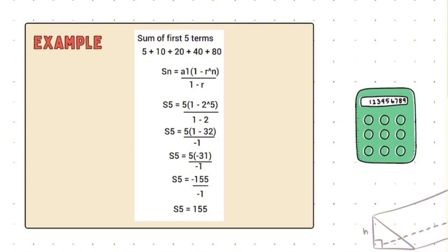S of 5 is equal to negative 155 over negative 1. Negative divided by negative makes it positive. So S of 5 is 155, because dividing by 1 makes a number repeat itself.